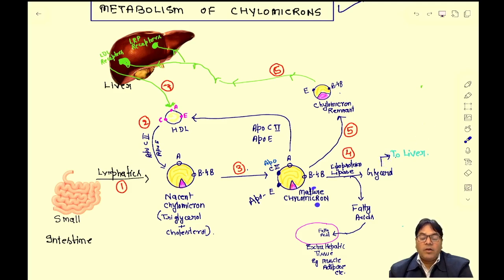When most of its triglycerides have been metabolized, the mature chylomicron becomes small in size. And now the apoprotein C second and apoprotein E will go back to the HDL again.